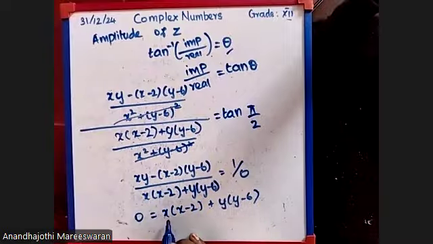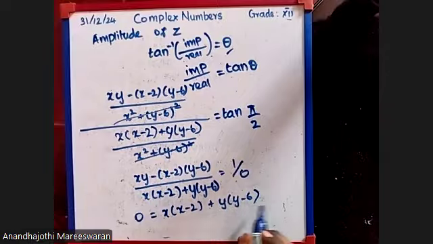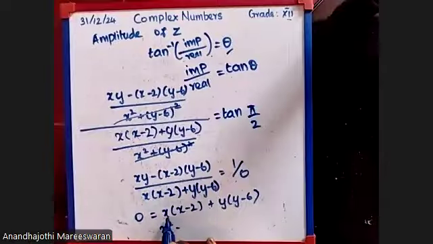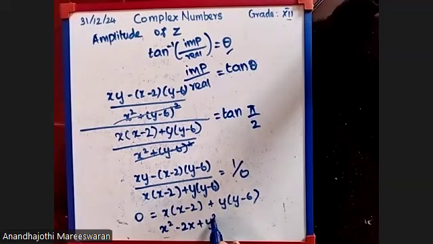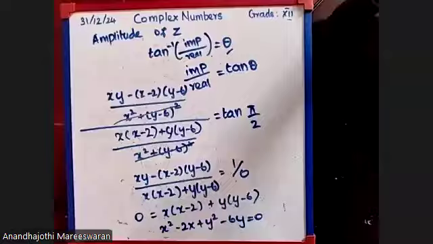I can rearrange this and multiply x and y inside these terms. x into x is x squared, x multiplied by minus 2 is minus 2x, plus y squared minus 6y equals 0. So this is the locus of z. The locus of z is x squared minus 2x plus y squared minus 6y equal to 0.